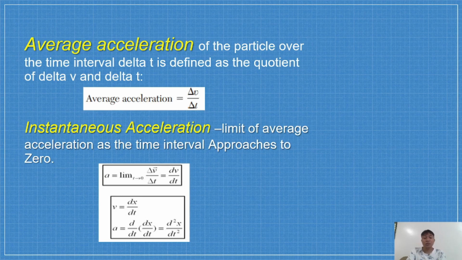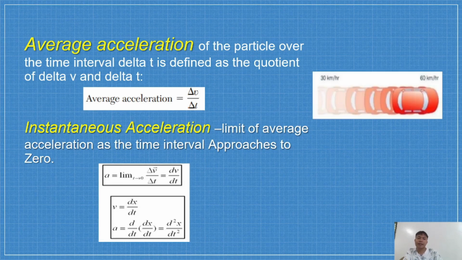Since it's the rate of change of v, and v is dx over dt, we can also write instantaneous acceleration a as equal to the second derivative d squared x over dt squared.